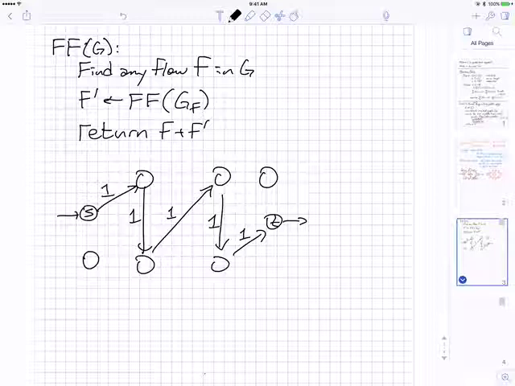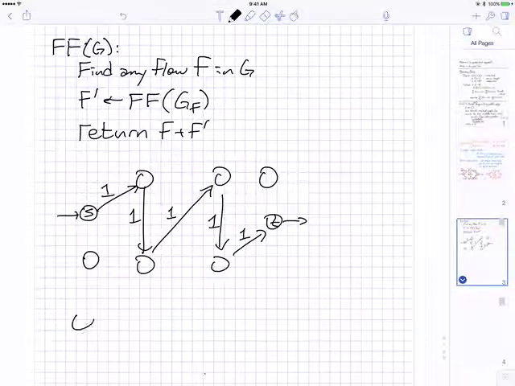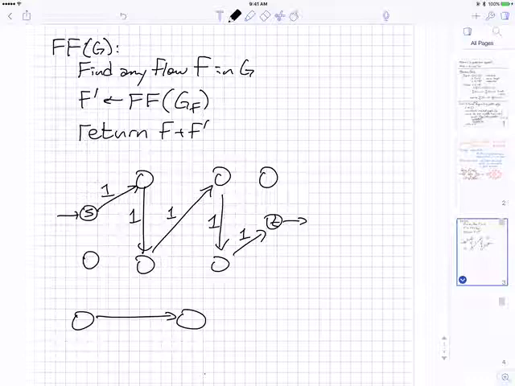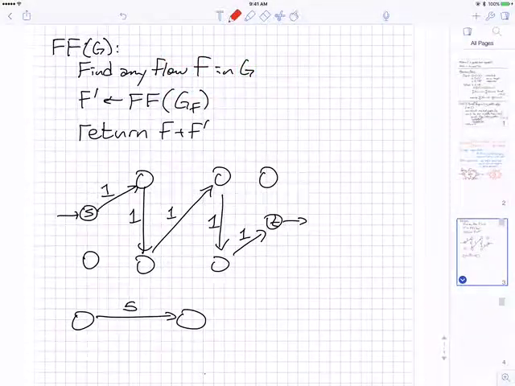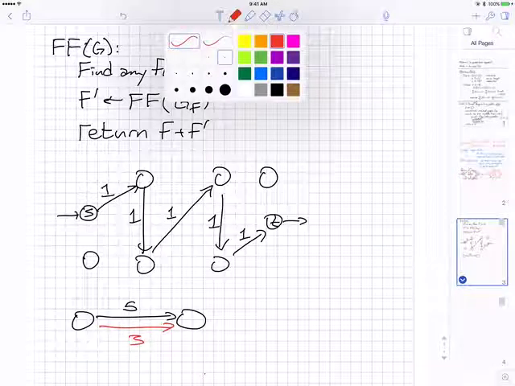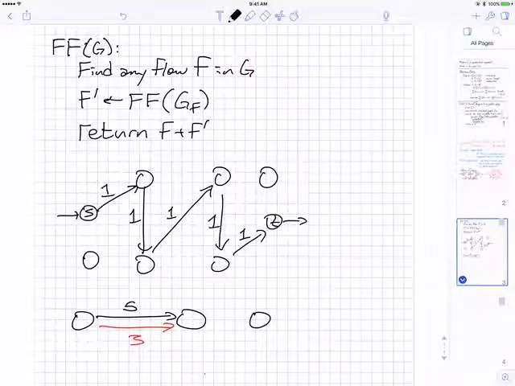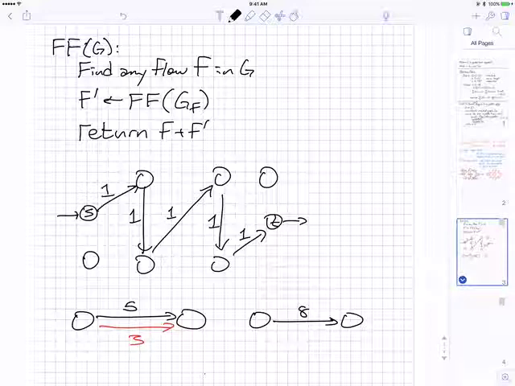And then you take the original flow and the residual flow that you find, and you add them together, being careful that, if in my original flow I found a 5, and recursively in F prime I found a 3, well, that's great, I just return 8.